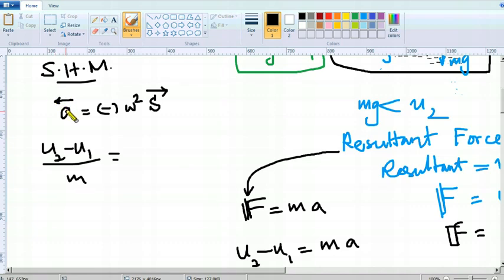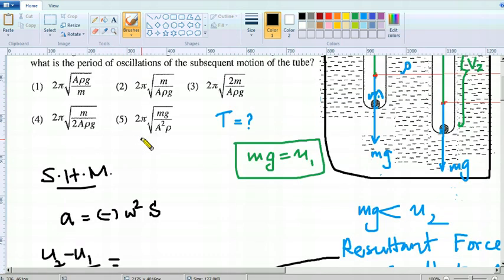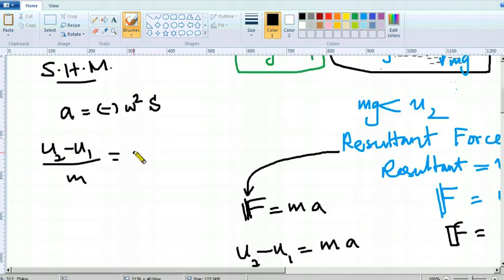So if this way, this one to left, this one to right, always like that. Therefore this minus sign is there. So we don't have to use that one, because we don't use the directions. We just write omega squared s.